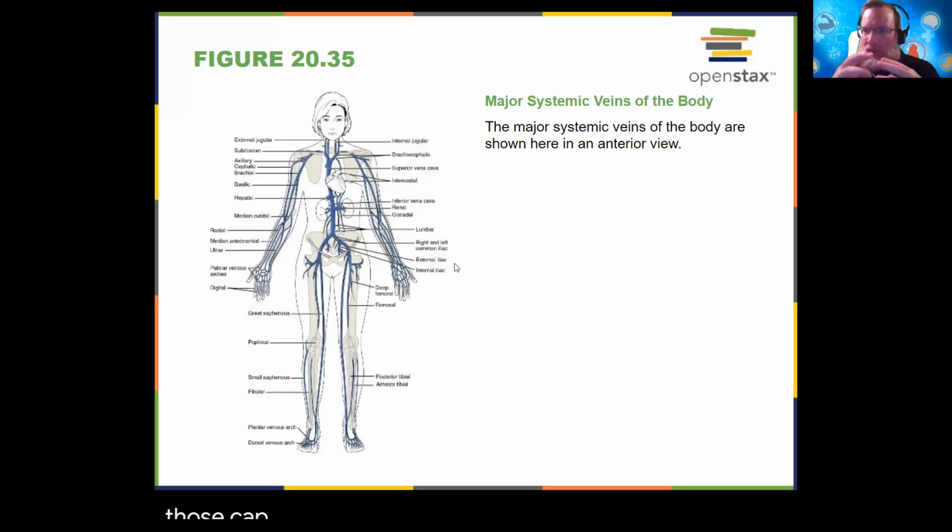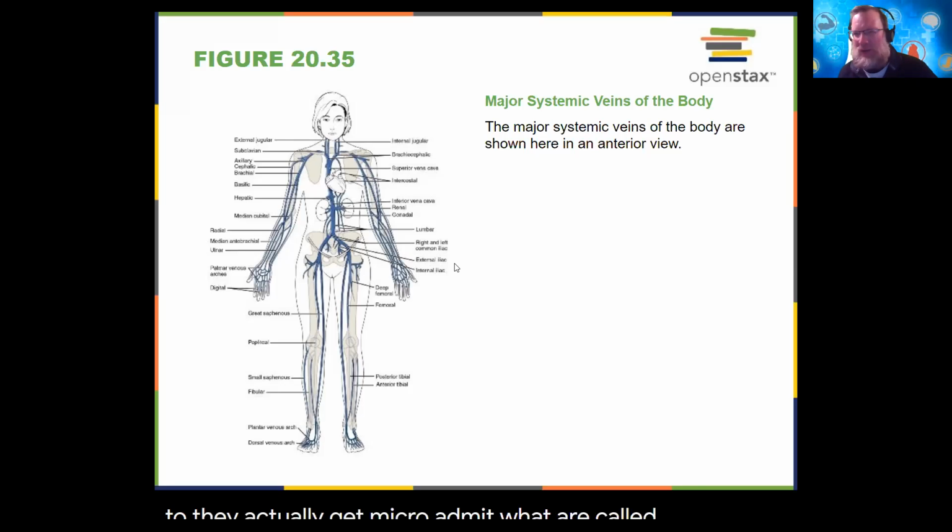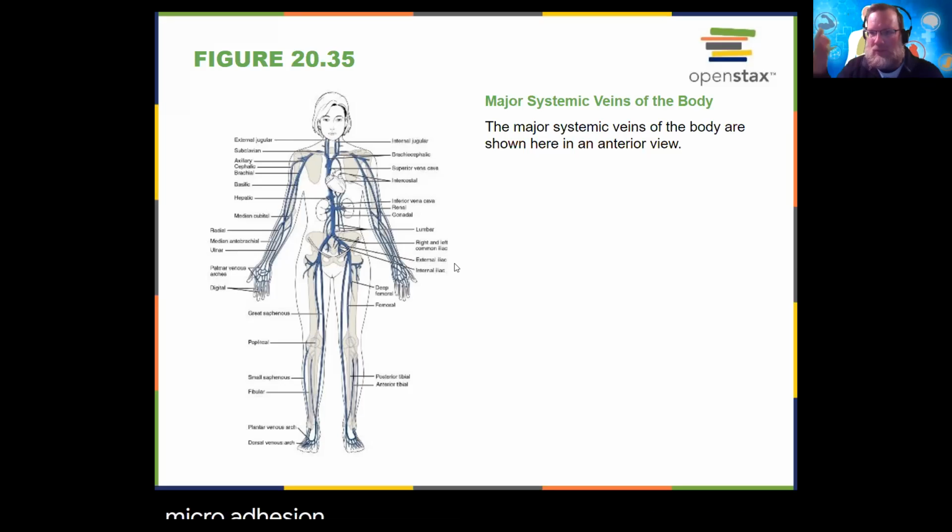Those capillaries get so overstretched, and the veins too, they actually get what are called micro tears. And micro tears get dealt with by micro adhesions, and micro adhesions are basically scar tissue. We saw it last week with coagulation and platelet plugs and spackling the lining of the wall if there's a breach.